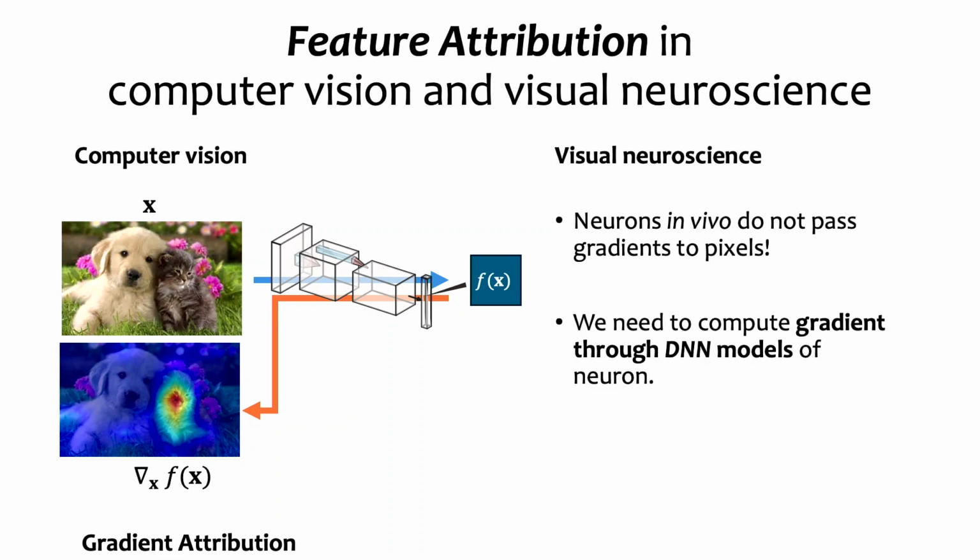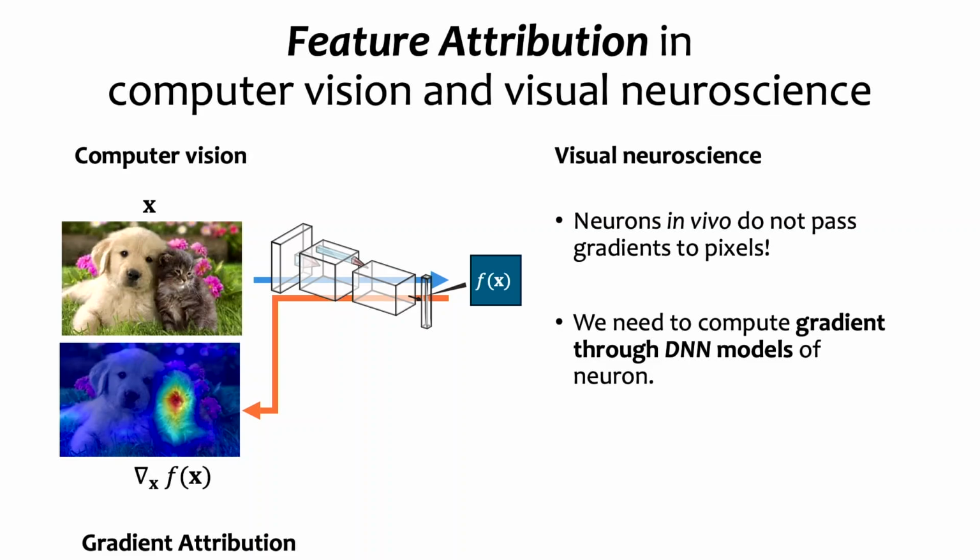Sadly enough, our brain is not compiled with Torch or TensorFlow or JAX, so neurons don't pass gradients to pixels themselves. We need to do something else. Usually what we do is fit a neural network model of the neurons and then pass gradients through that deep neural network model.